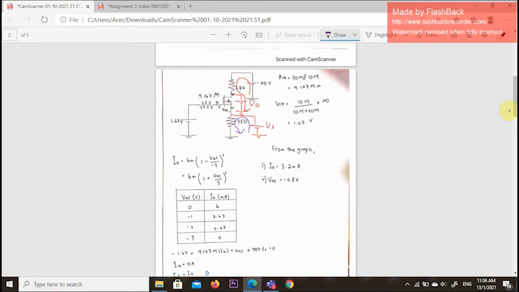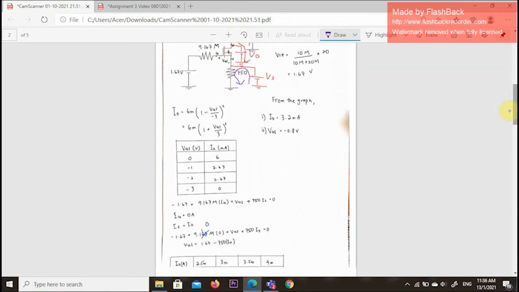From the KVL loop here, the equation that we get is negative 20 plus 1.8k ID plus VD. For the KVL to find VS, negative VS plus 750 IS.